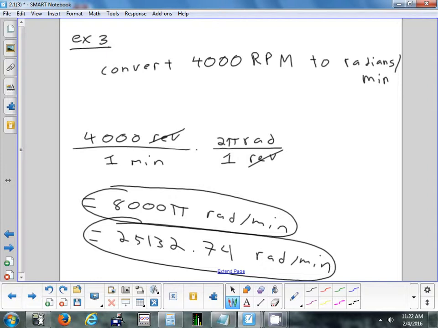For the top one, I just did 4,000 times 2 in my head, and with the bottom one I did 4,000 times 2 pi, and I got that bottom answer. That's how you get the bottom one. Just make sure when you press pi, we use the pi button, not 3.14.